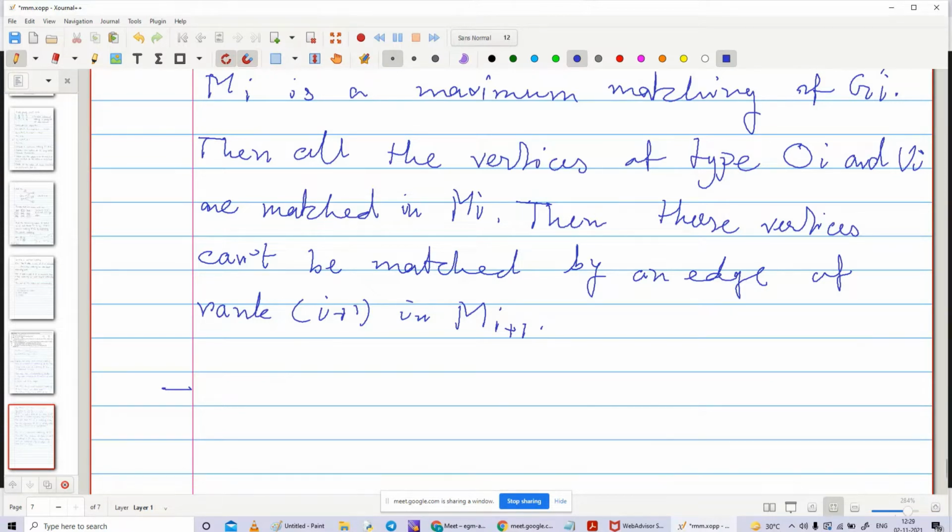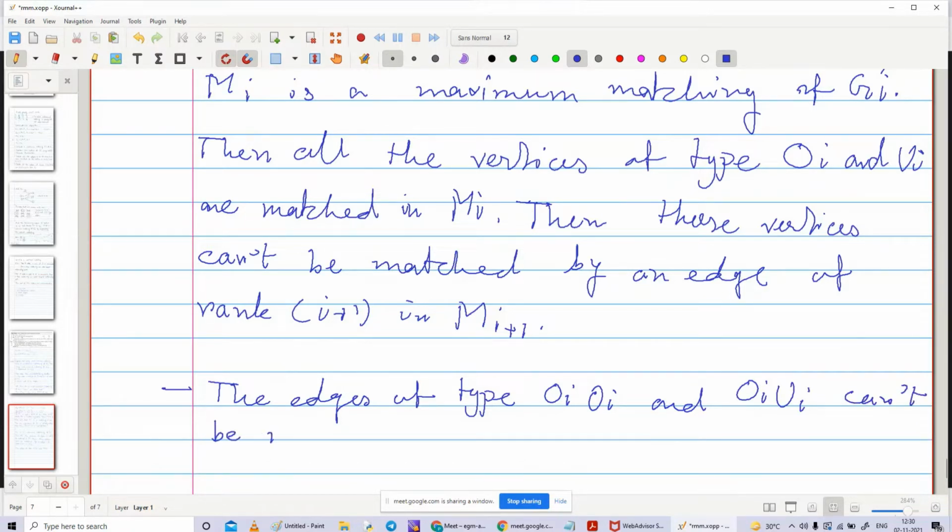Okay, so the next thing is the edges of type Oi, Oi and Oi, Ui can't be matched in Mi plus 1.